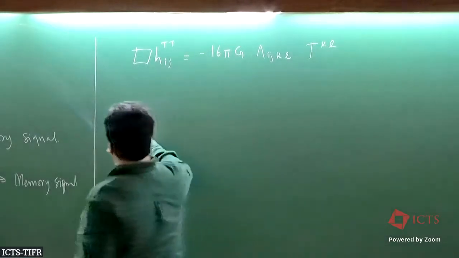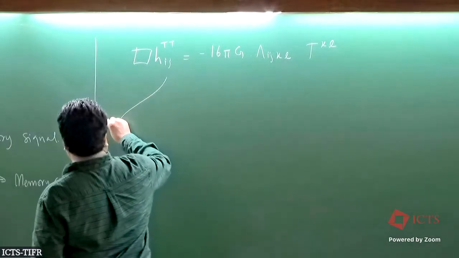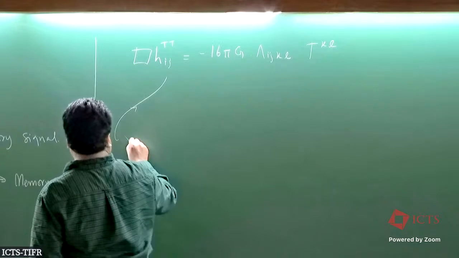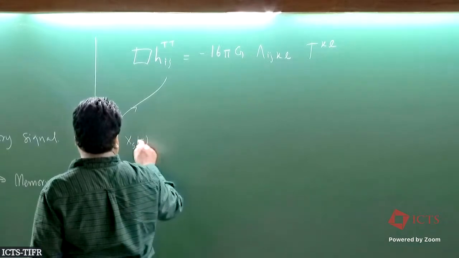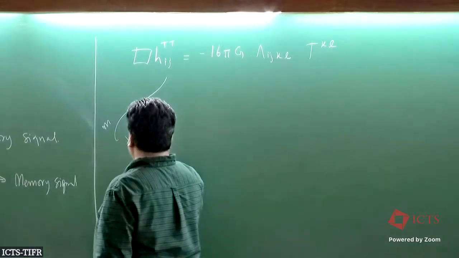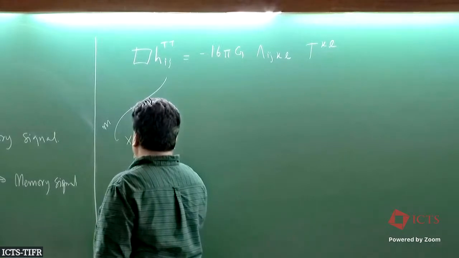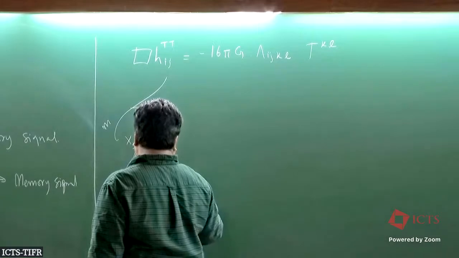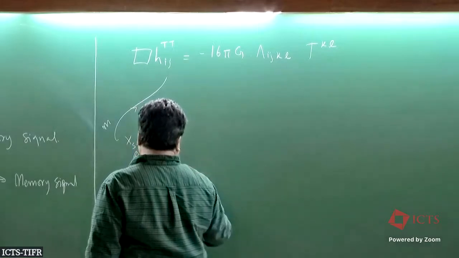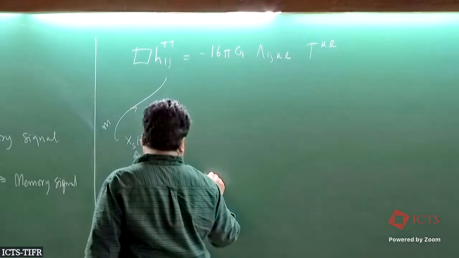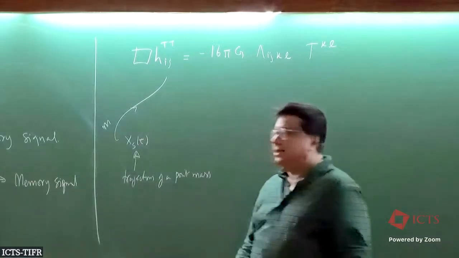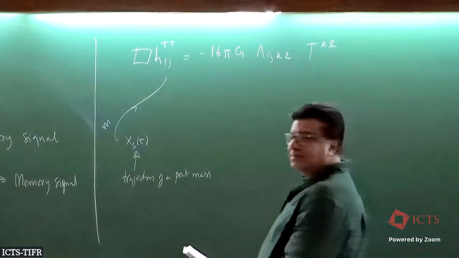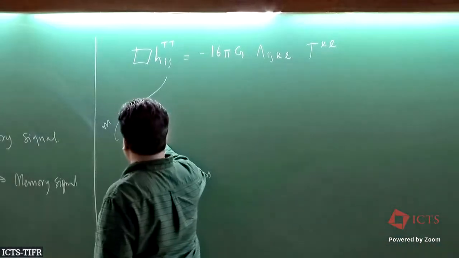Now here I'm going to talk about a point mass on a trajectory, okay, which is described by x_s(tau). So this is the trajectory of a point mass. And when I don't put an index, it's a 4 vector. So this x is a 4 vector.